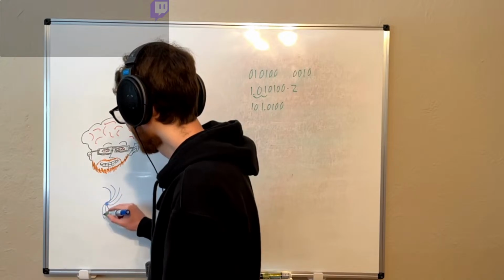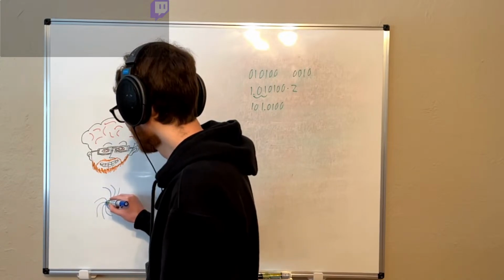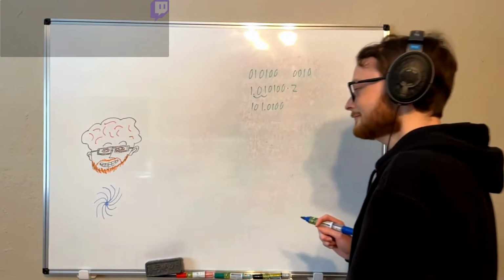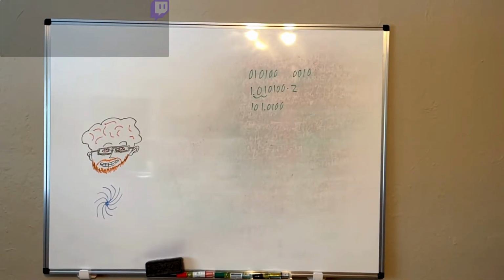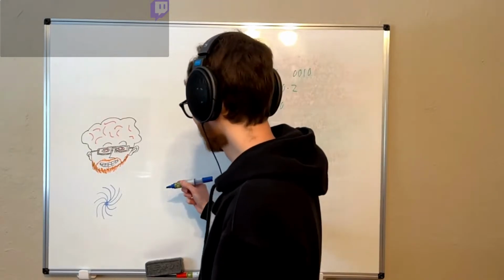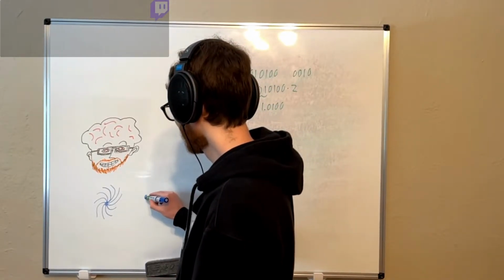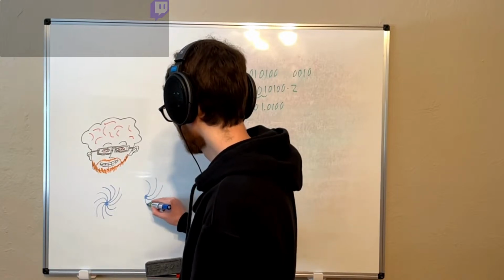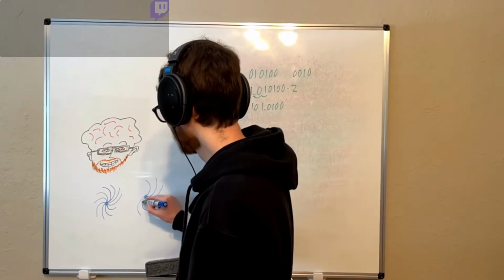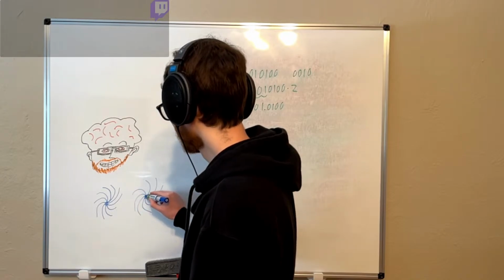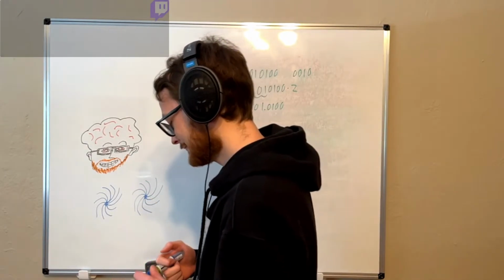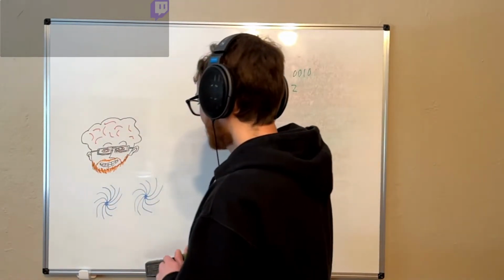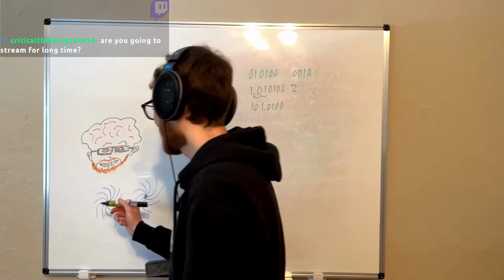Kind of looks like a spider. Okay, so that's one of the wormholes. Draw the other one over here. Then they're sticking their head through it like an ostrich.